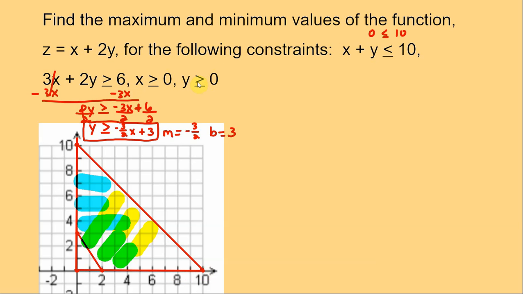Since y is greater than 0, greater than 0 would be above that horizontal line. Less than 0 would be below, so we're shading above this horizontal line. So the part that overlaps in all of those inequalities is all of this inside here.